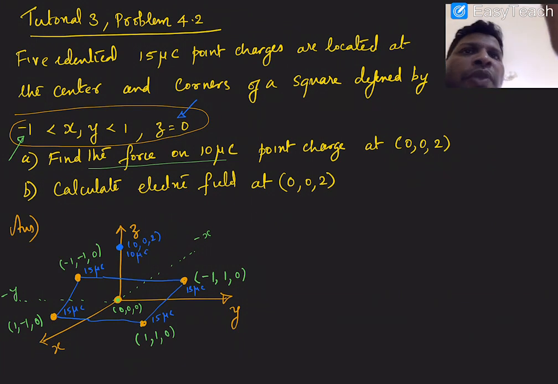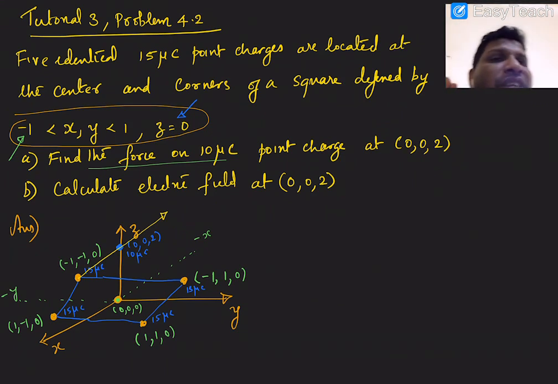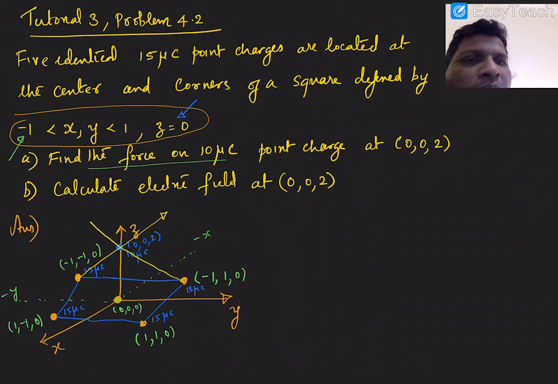Now we need to find the force acting on the charge which is 10 microcoulomb. So the force will be acting like this, because this will be the force from the point charge at -1, -1, 0, and this is the force from the point charge at -1, 1, 0, and this is the force from this particular charge, and this is the force from this particular charge.